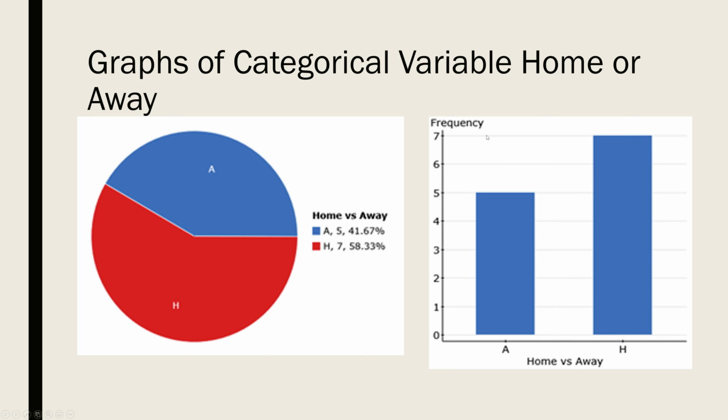And in the bar chart, we use the frequency as the measurement, and the height of the A bar is 5, and the height of the home game bar is 7.